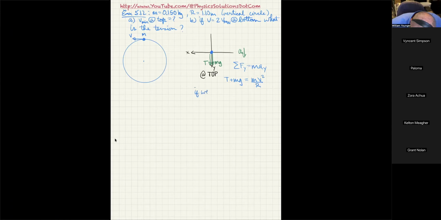If we imagine T approaching zero, then v approaches v min.